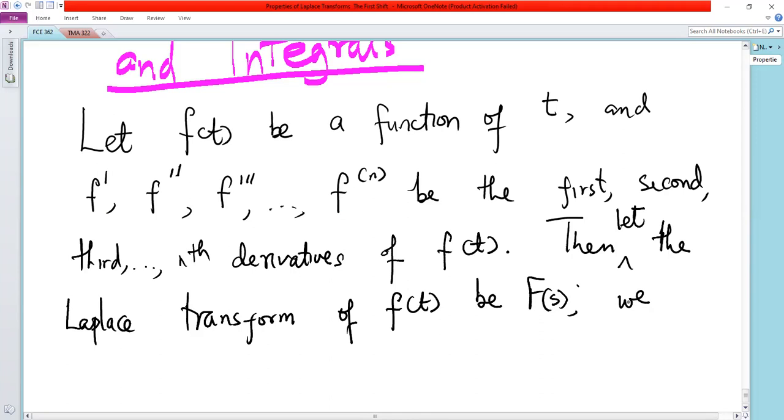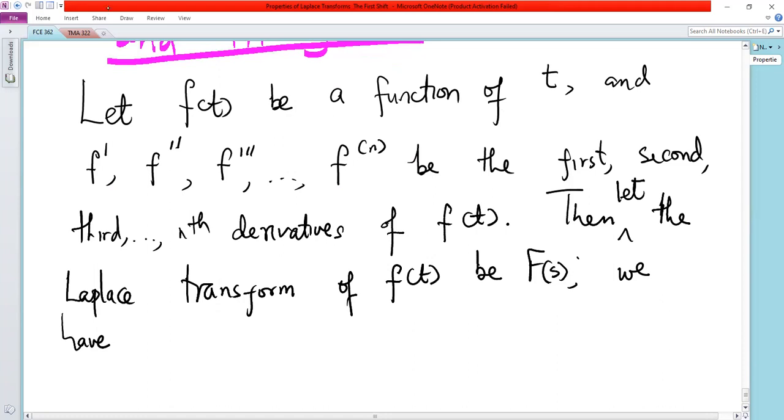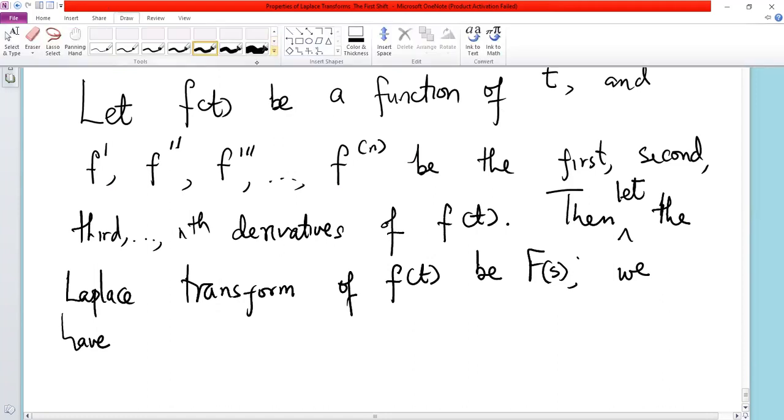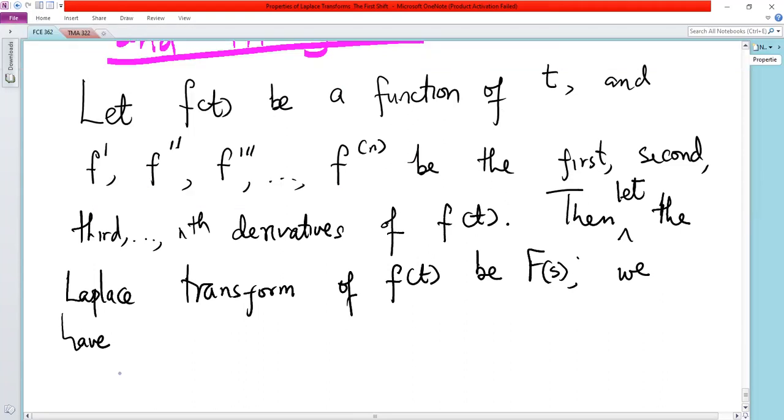We have that the Laplace transform of f prime of t, the first derivative, is s times capital F of s minus f at 0.